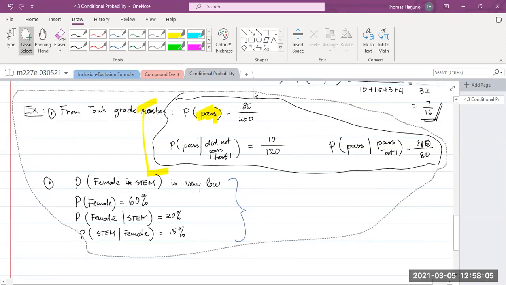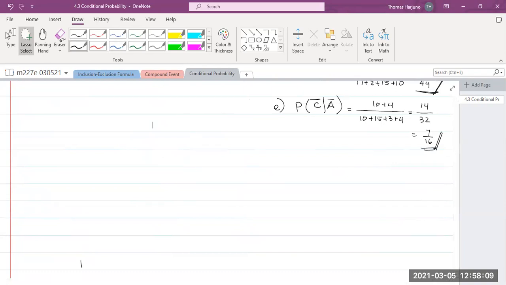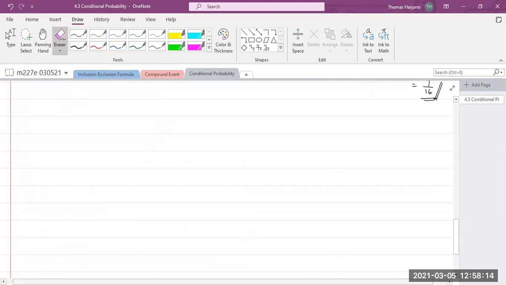Okay. Now I will go on with another approach of looking at conditional probability. I will quote a contingency table.